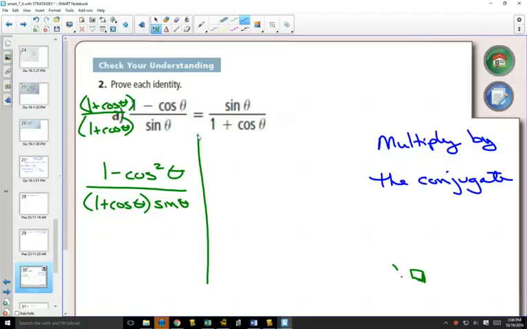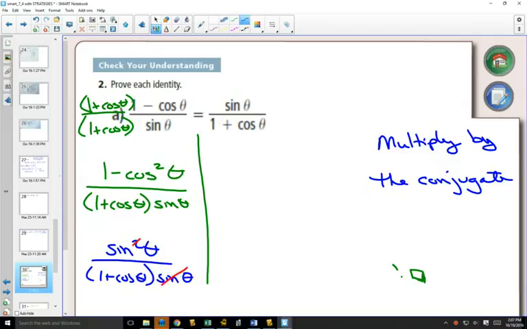And once you multiply by the conjugate, as we did here, and you only have to do it on one side, because we're not building the other side, then what you have to do at the next step is recognize, oh, once I have this, the top is sine squared. And what can I do with my sine squared on the top and my sine on the bottom?